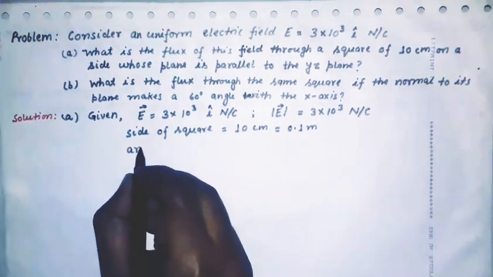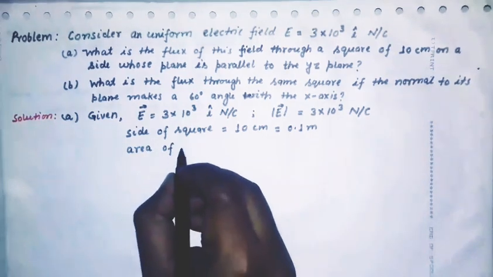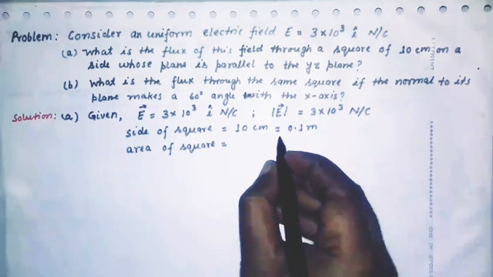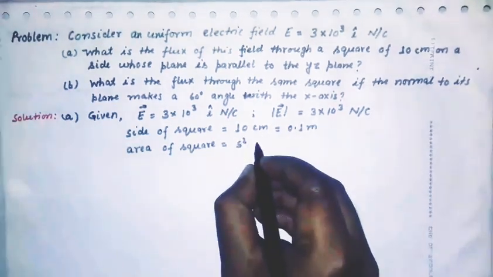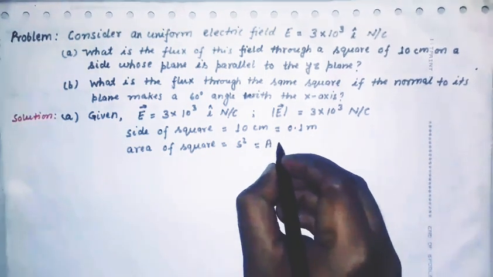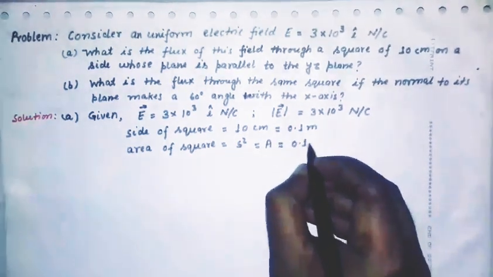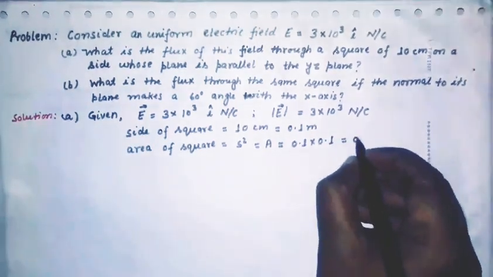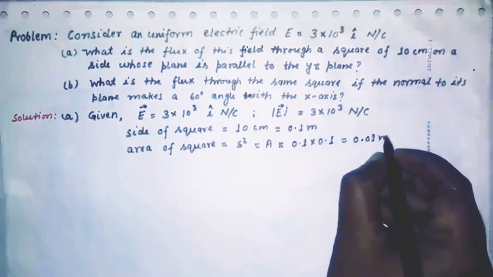And now we will calculate the area of the square. This means side into side, and this area, suppose this is A, will be 0.1 into 0.1, or 0.01 meter square.